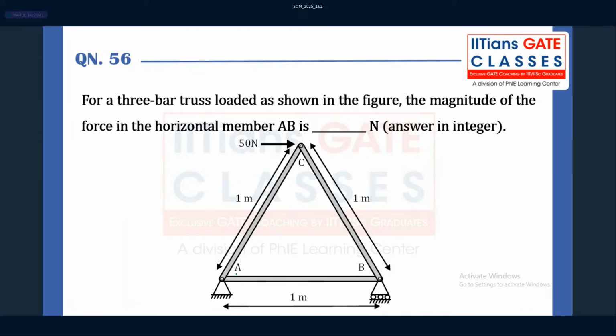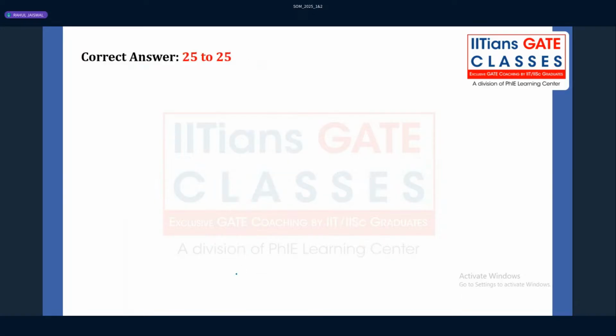Right, so this is a truss problem. The answer is given as 25. Again, I'm drawing this one.